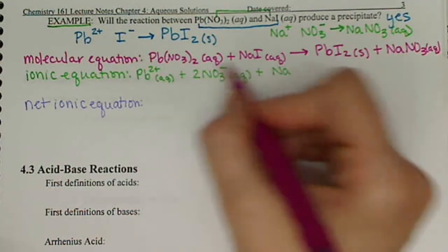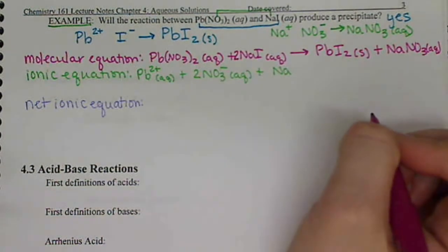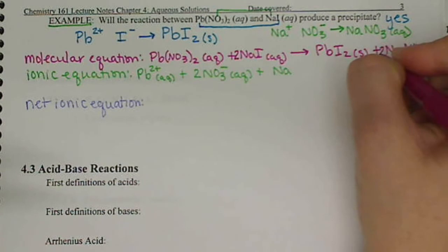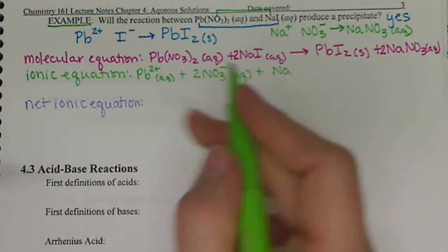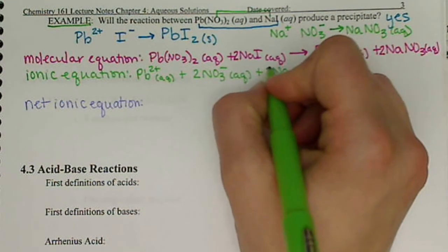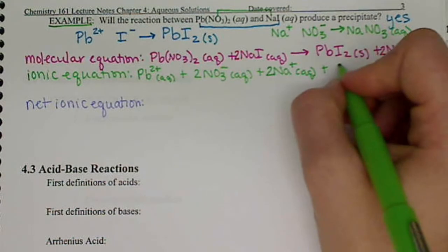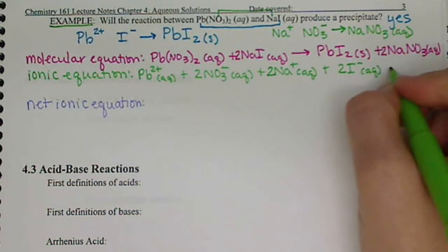Shame on me. To balance up here, we have 2 iodides here, so we'll need a 2 out in front of sodium iodide, 2 nitrates, 2 sodiums, so we need a 2 out in front of sodium nitrate, which means we have 2 sodium ions, aqueous, and 2 iodide ions, aqueous.